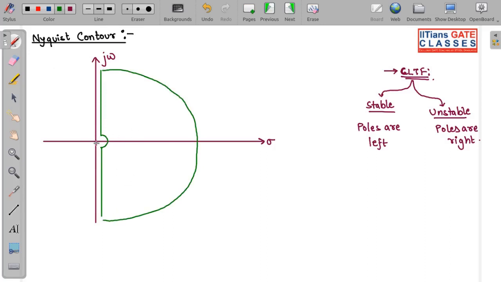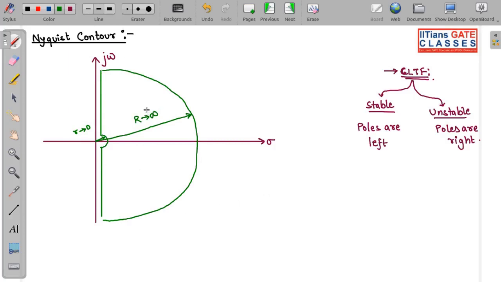Basically this small radius, small r, tends to 0, and this big radius, capital R, tends to infinite. That means we have an infinite radius half semicircle, which actually will be covering the entire right half of the S-plane.